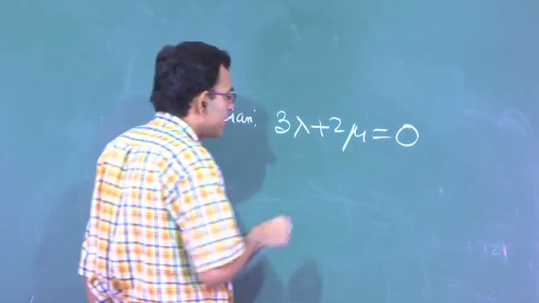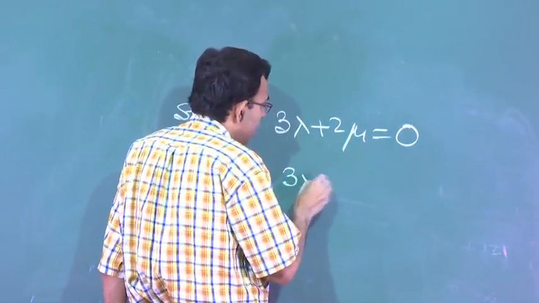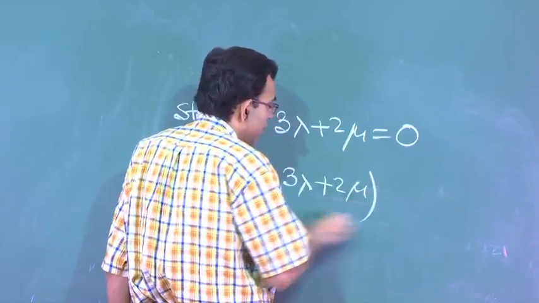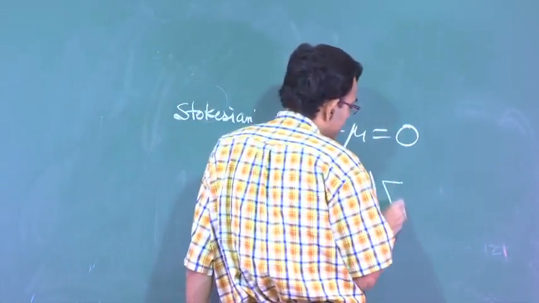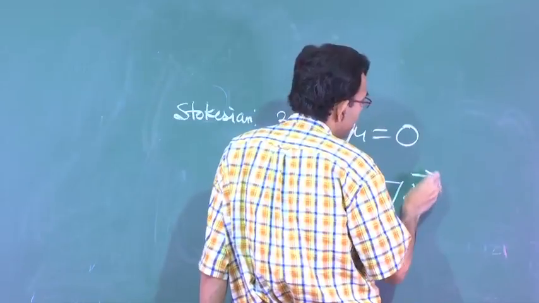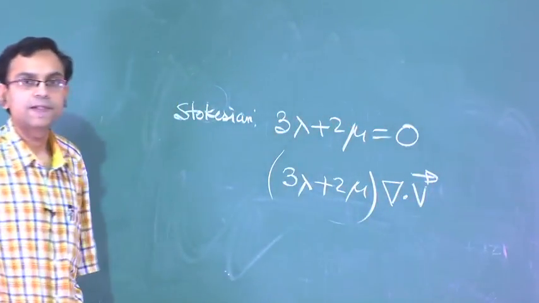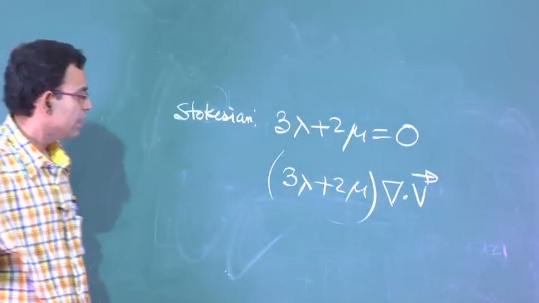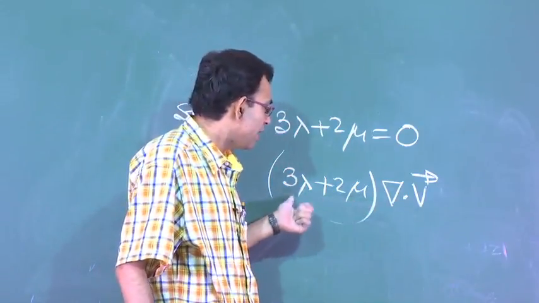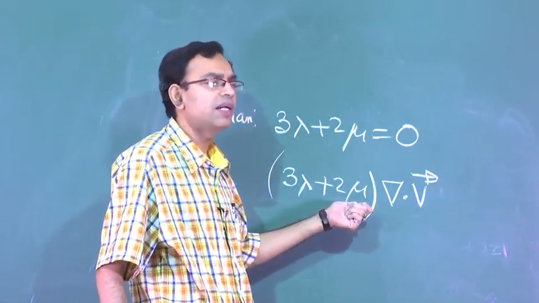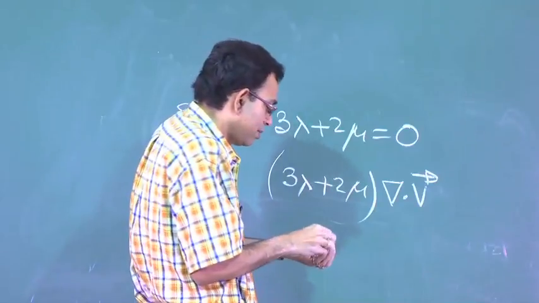So, you will see that in the derivation of the Navier-Stokes equation, this comes with the divergence of the velocity, the product is important. So, even if this is 0 or non-zero, whatever it is, we do not care if it is incompressible flow.